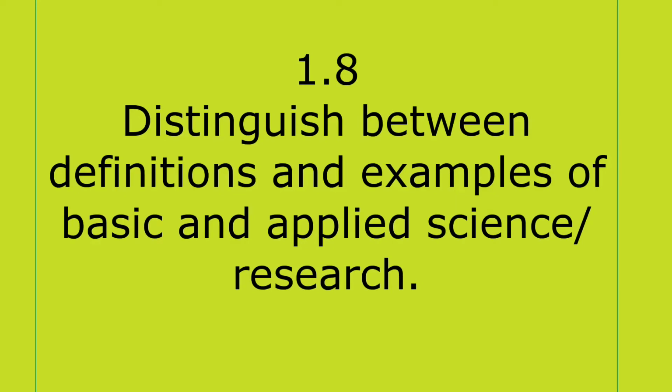Objective 1.8 asks you to distinguish between definitions and examples of basic and applied research, and that's important in this class, because you're going to be reading a lot about research studies that are examples of applied research, and you're going to be planning a project that is fundamentally an applied research project.